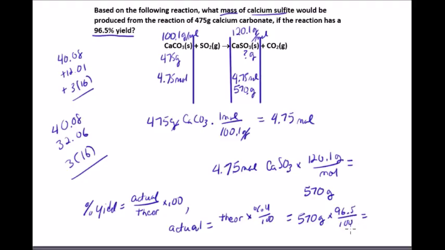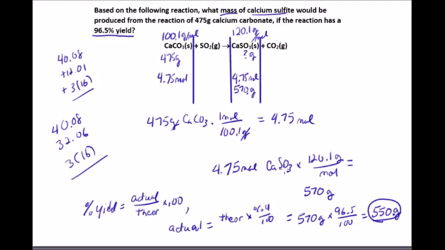And if we put that through the calculator, we get 550, well, 550 if you were doing three significant figures. So that is grams, of course. So that is our final answer.